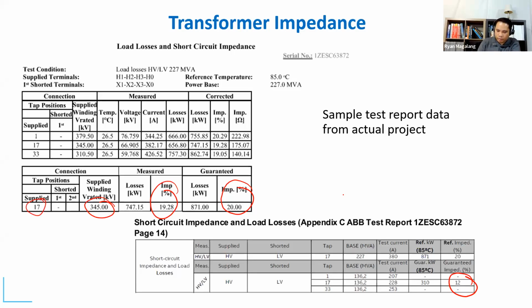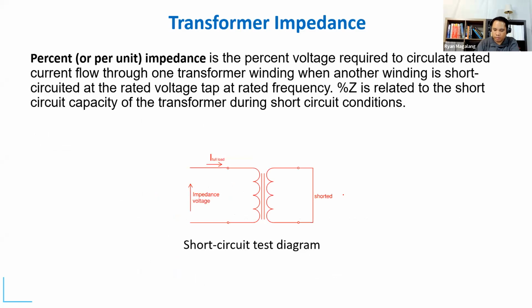So how is this test normally conducted? So essentially, you short circuit the secondary, and then you apply a voltage here, and then this voltage, you would vary it. You increase it. You begin from zero, and then you increase it gradually until such point that rated current flows through the secondary.